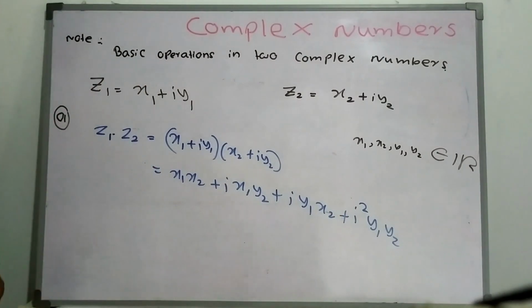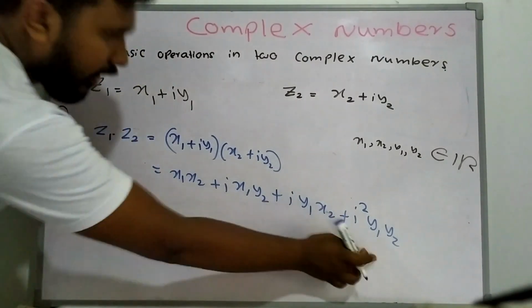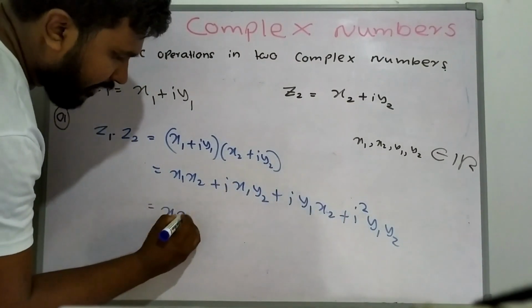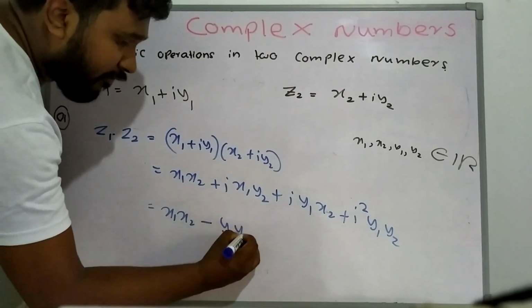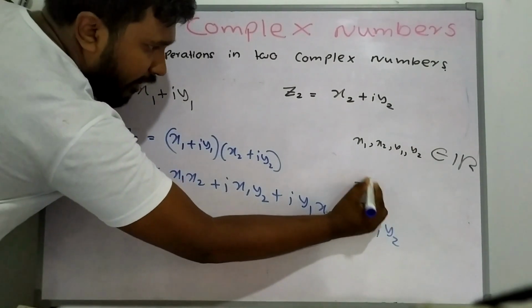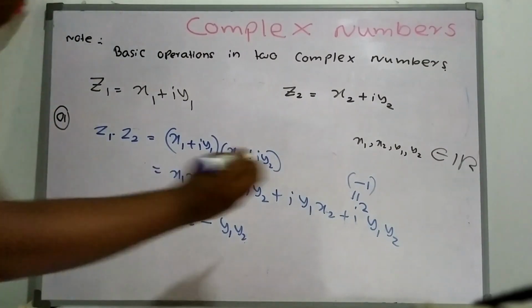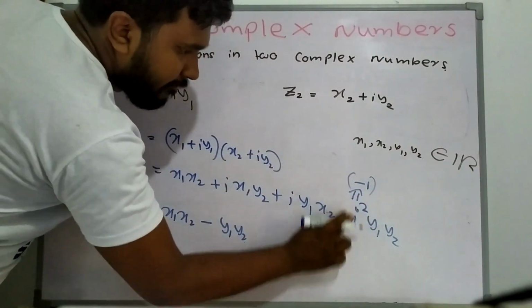Actually i squared means minus 1, no? So you can combine these two as x1 x2 minus y1 y2, because i squared is minus 1.